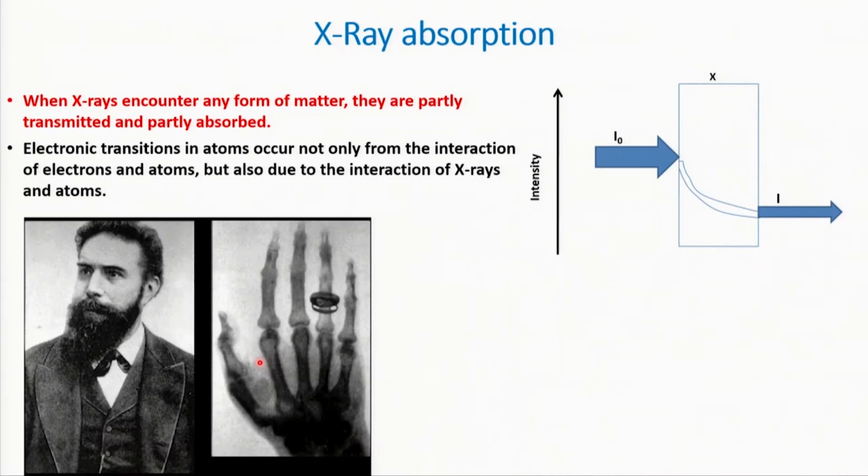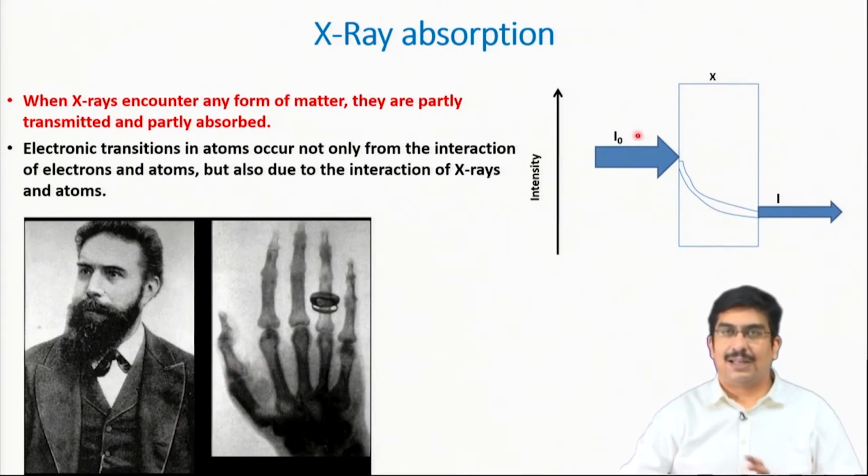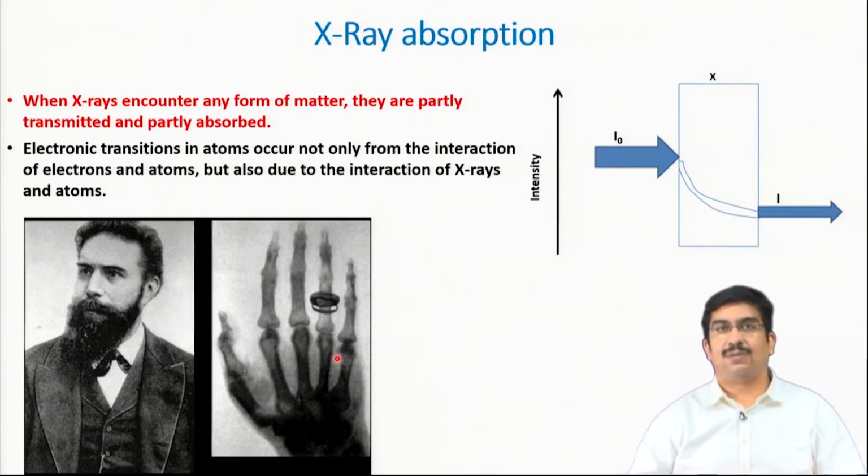X-ray absorption: when X-rays encounter any form of matter, some part of the X-ray will be absorbed by the material, and some part goes out. That is the basis of radiographs, where flesh is virtually transparent to X-ray signal. That means it does not absorb X-ray, whereas the bone, which is denser, will absorb most of the X-ray.